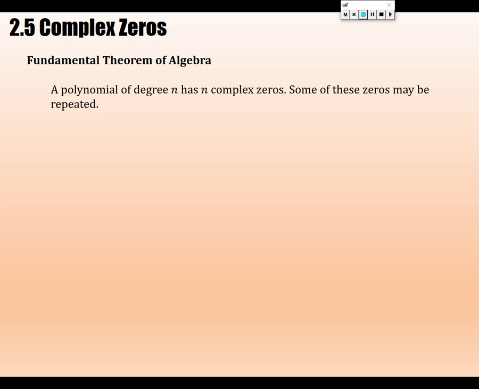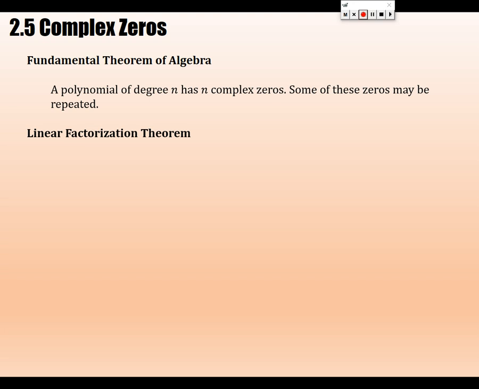It takes a lot of abstract algebra to prove this statement. But it's an easy sell, isn't it? Because we all kind of already feel that it's true. So I think we can move on because the intuition's there. But this is a very difficult thing to prove, even though you might think it shouldn't be that hard. So if it's degree 5, it has 5 complex zeros, some of which may be repeated.